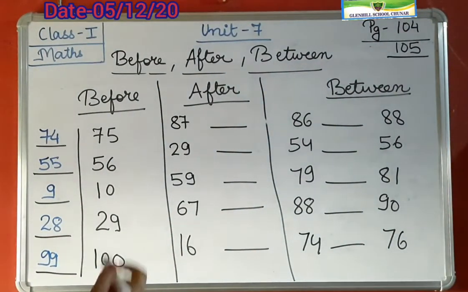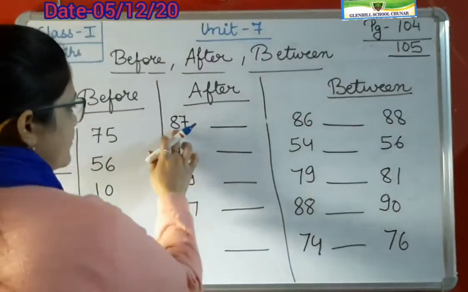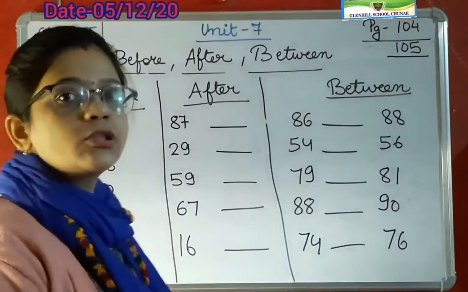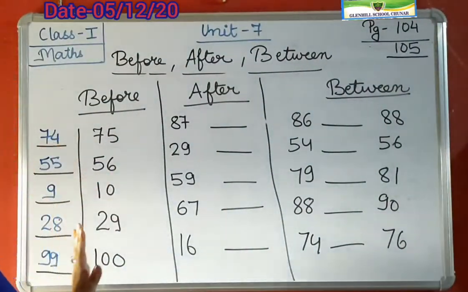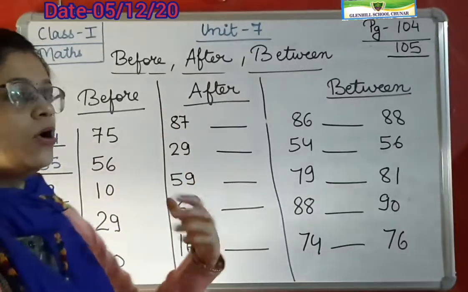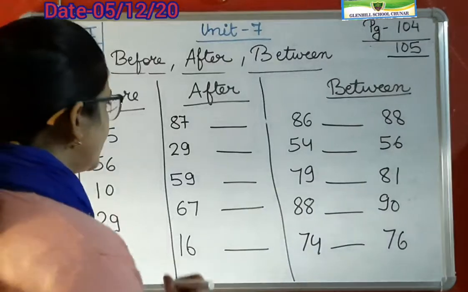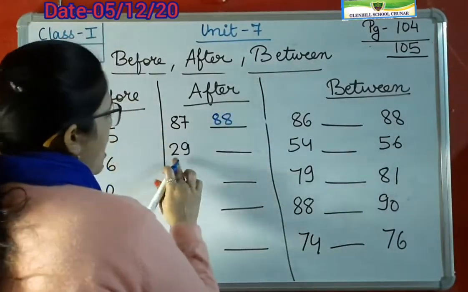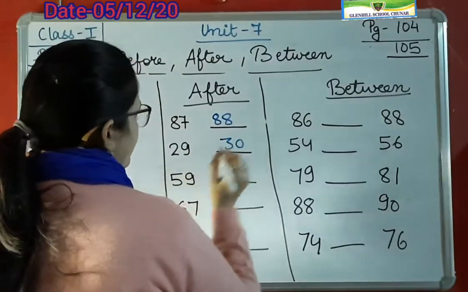Okay. So which number comes after 87? After 87. इसमें आपको after 87 के बाद कौन सा नंबर आएगा? Before you know, इससे पहले. Okay. And after means which number comes after 87? So after 87 is 88. After 29 is 30.